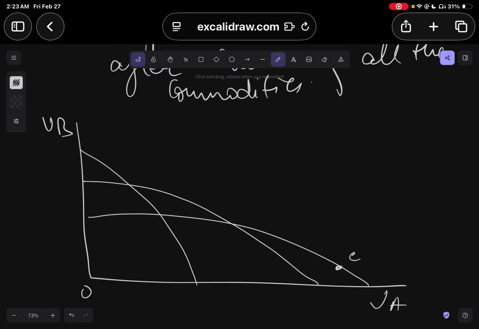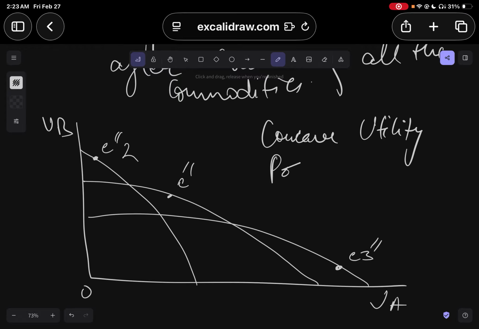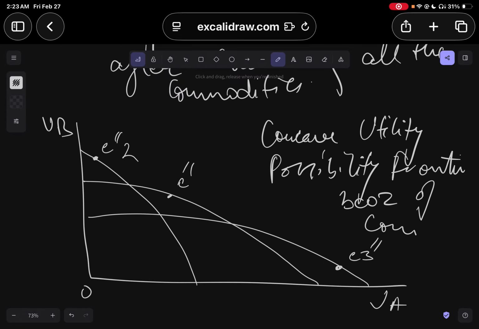There would be a point like E3''. There is some point like E'' and there is some point like E''2 on each curve. So concave utility possibility frontier because of convex ICs.